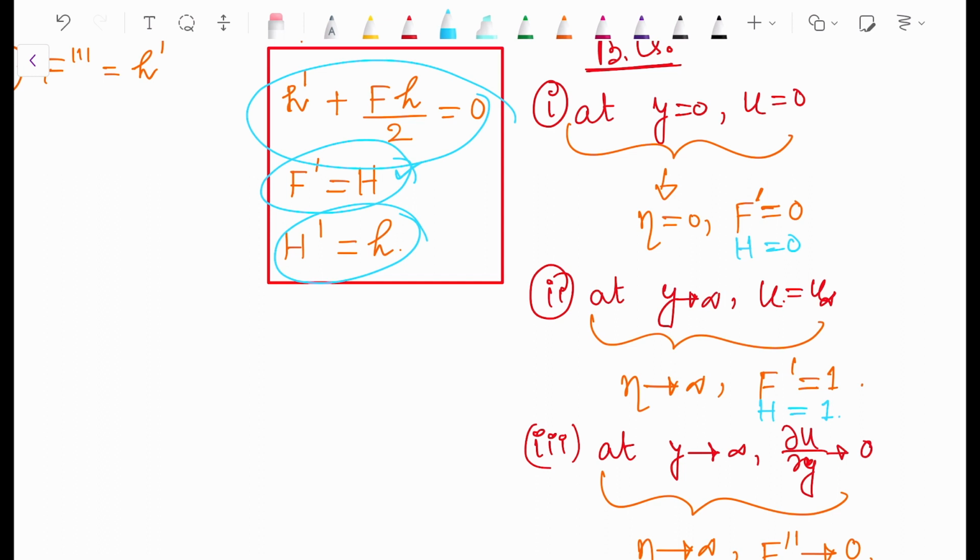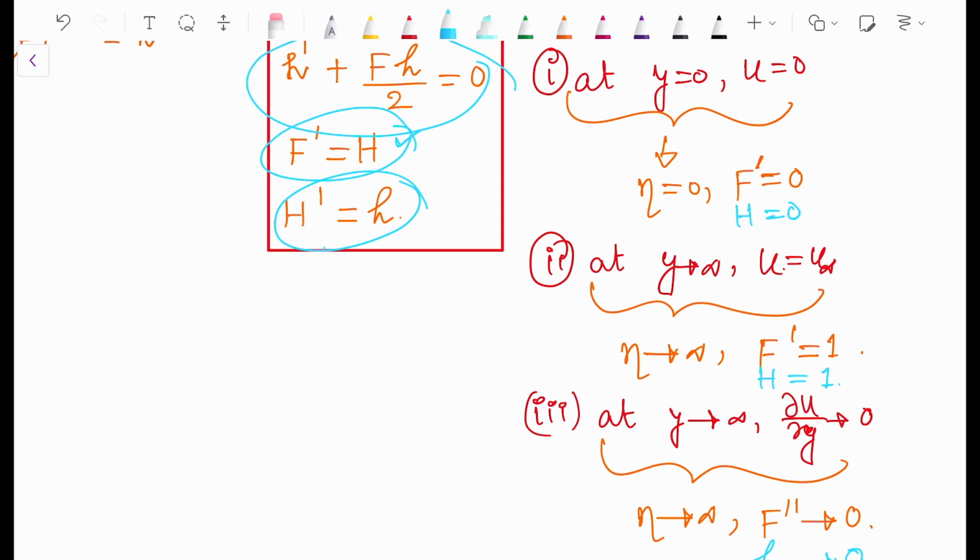I can solve this one, as I have a condition for h, and then I can solve this one also.